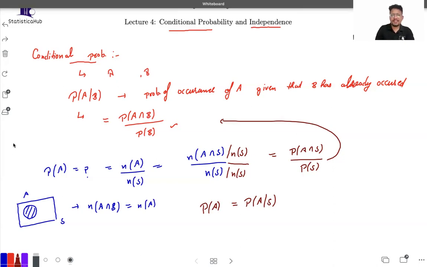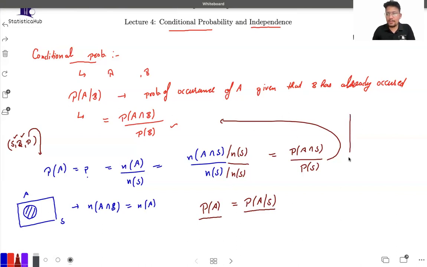We considered in the last chapter, in the last slides, that there is something called the probability space. You need to have the S, you need to have the P, only then you can define the probability function. Once we have the sample space, we are able to define the respective probability. So moving with the same concept, I am getting the probability of any event A as the probability of A given S.